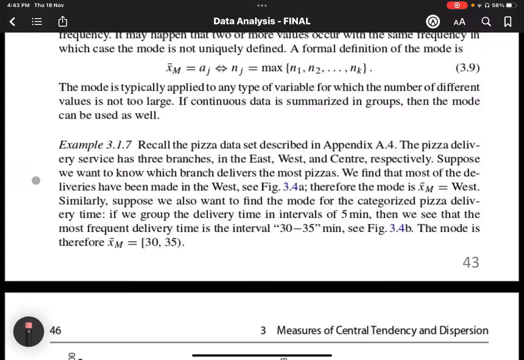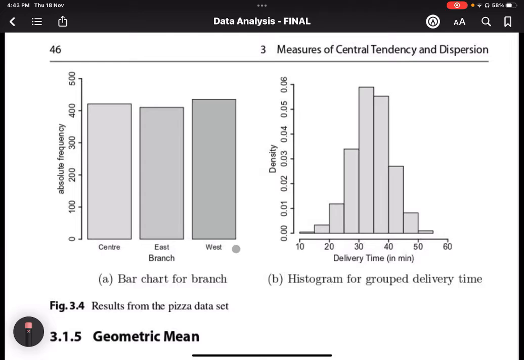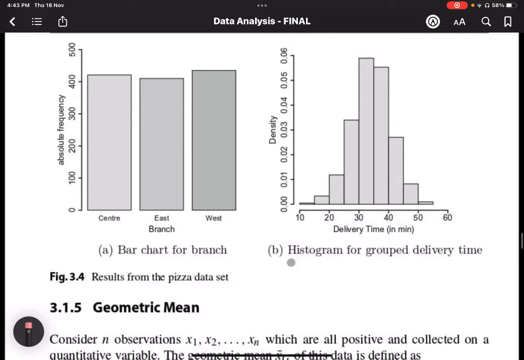The pizza delivery service has three branches. Here we have the performance per branch, and this is the performance in general, in minutes. We have a bar chart for branch and a histogram for group delivery time, in minutes, grouped.